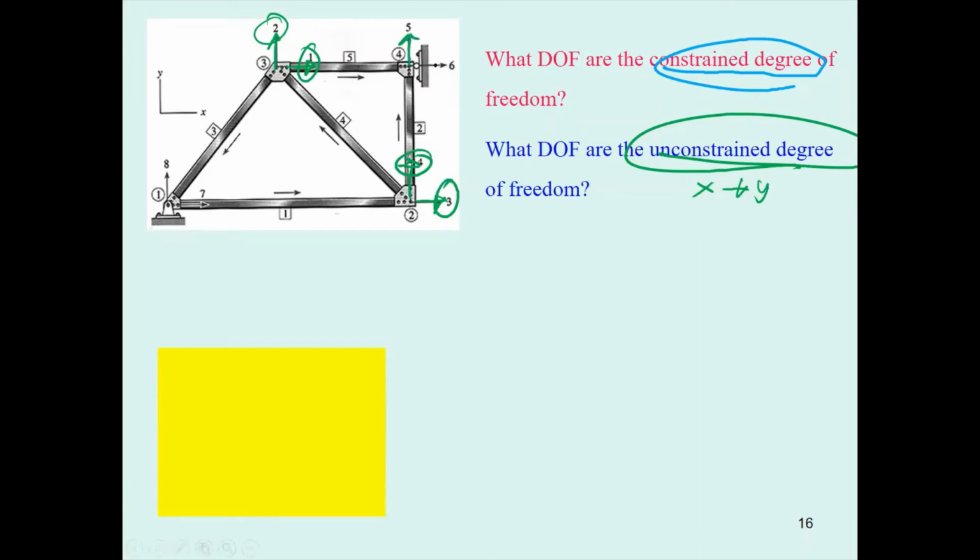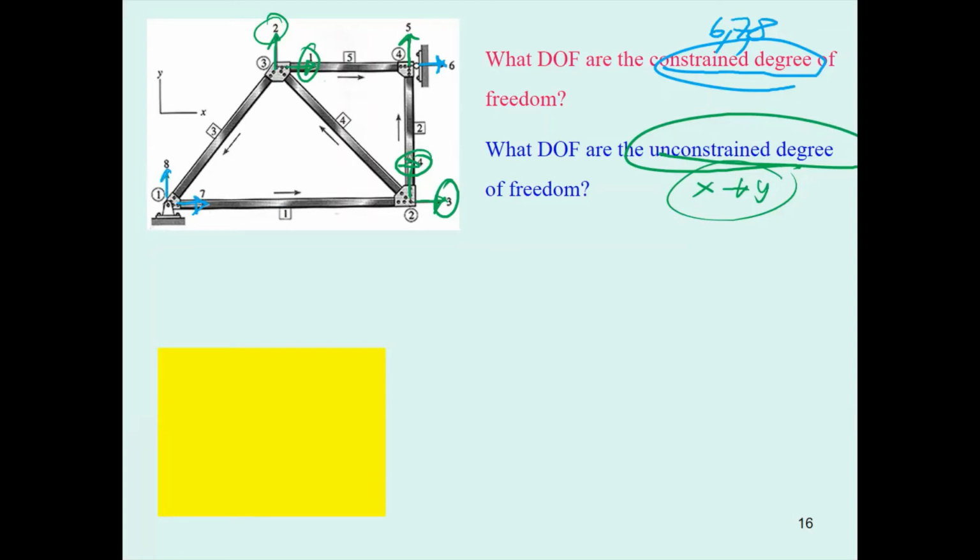You can see the unconstrained come before the constrained. Then it comes to the constrained degrees of freedom: 6, then 7 in X and 8 in Y.